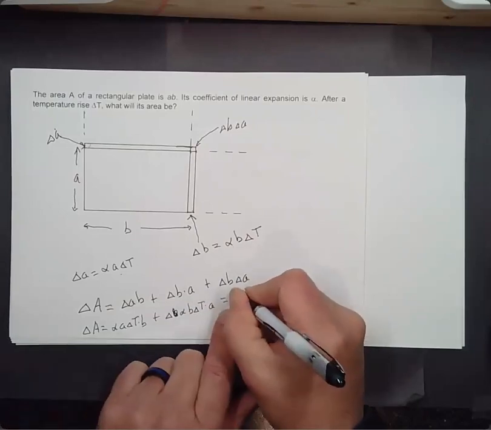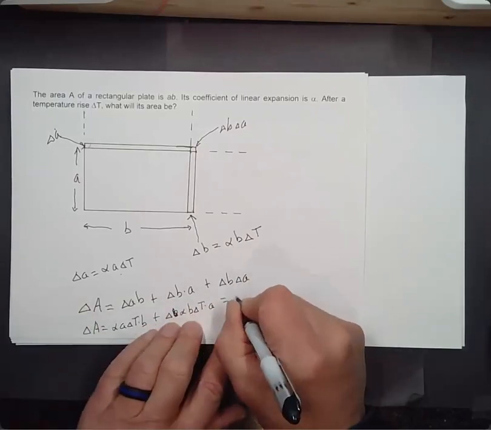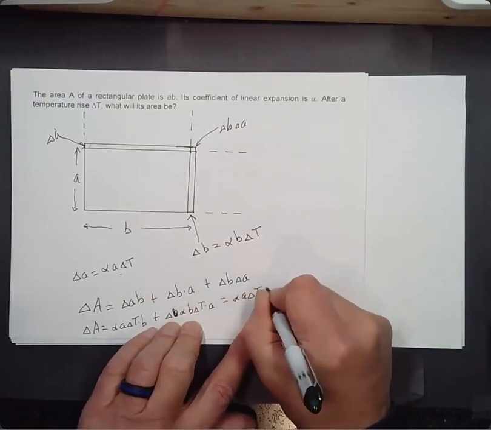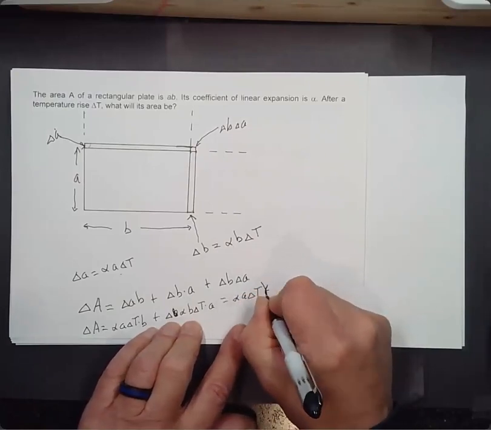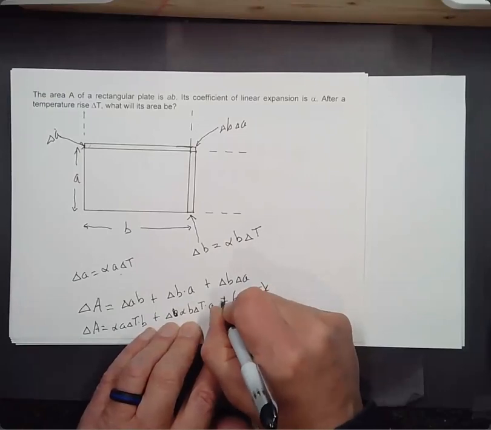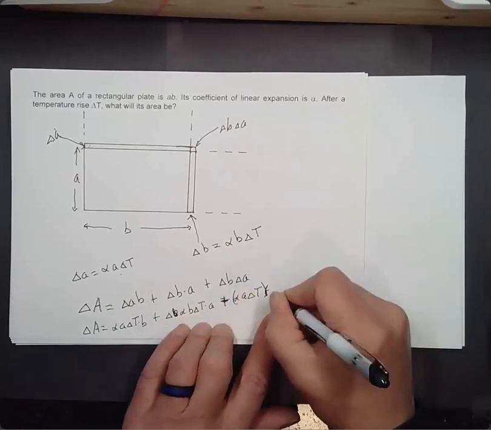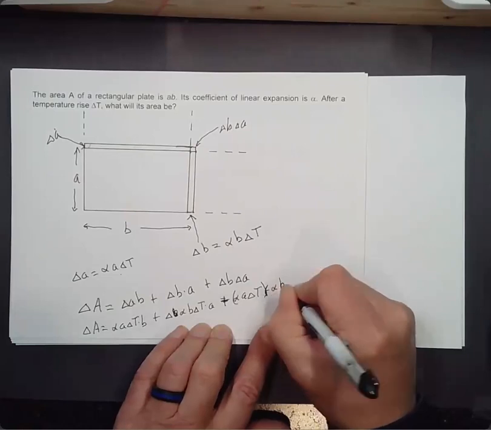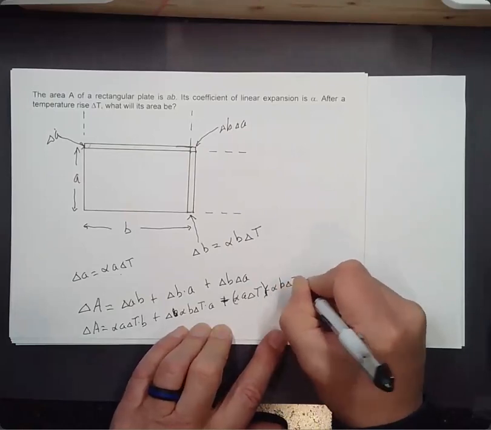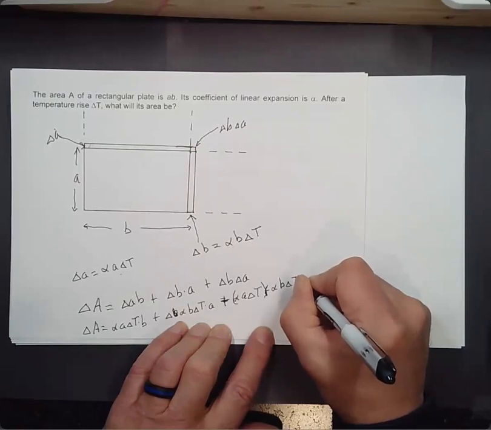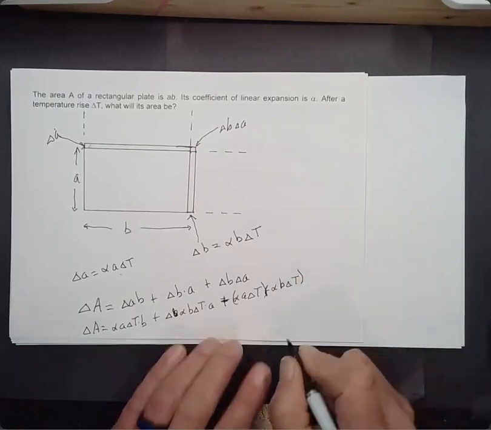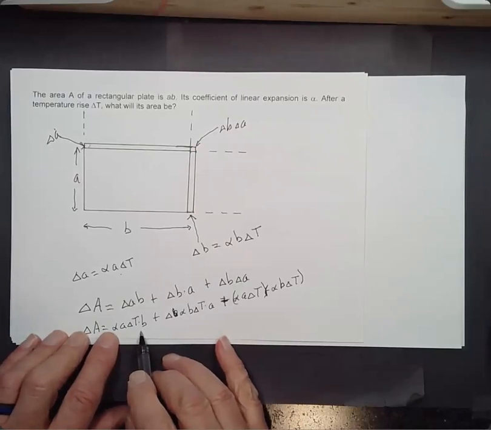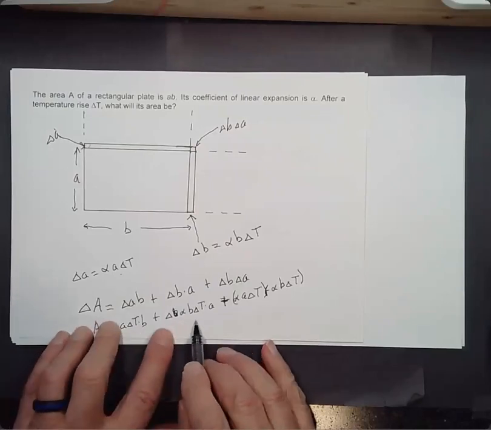And then here I'll have alpha A delta T times, that's a plus sign there, times alpha B delta T. Yeah, and that's what I'll have. Well, this thing actually ends up looking an awful lot like this thing.